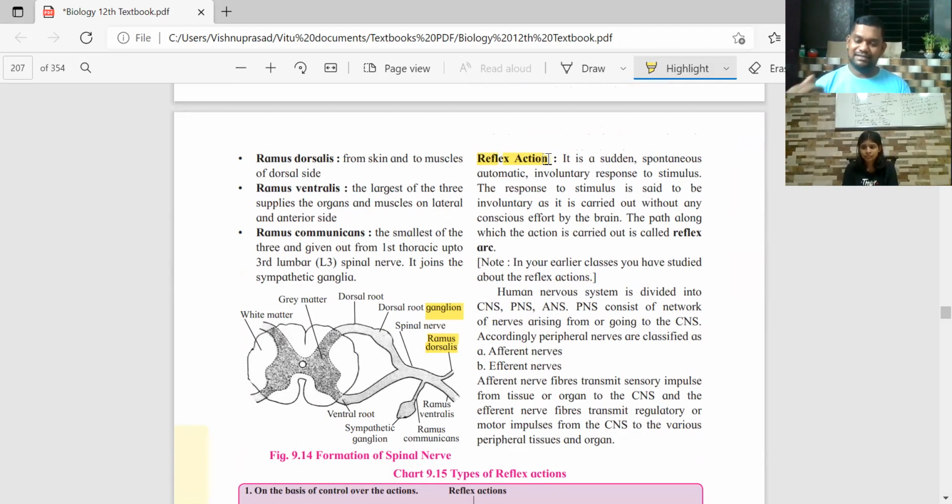By chance, if you touch your hand to a hot iron, what will you do? As a normal human being, you will remove your hand immediately. You will pull back without even realizing that you pulled it. That is called reflex action. Can you give an example of a reflex action like this, which you experience in daily life?